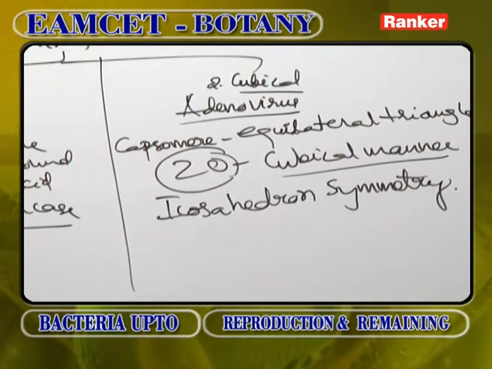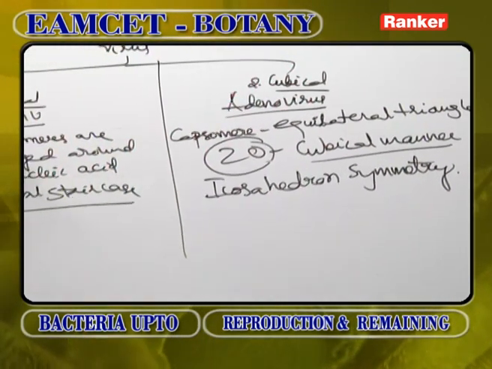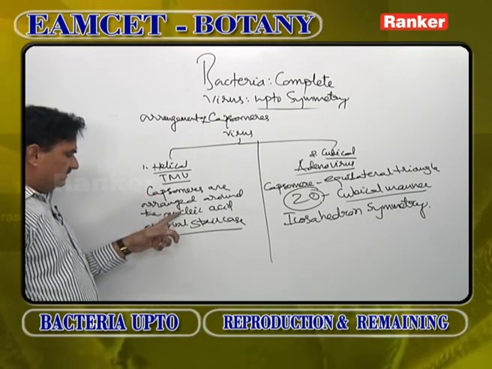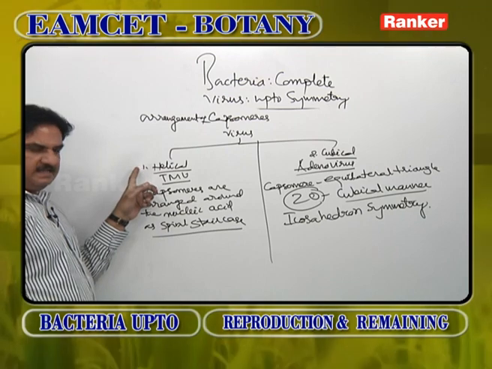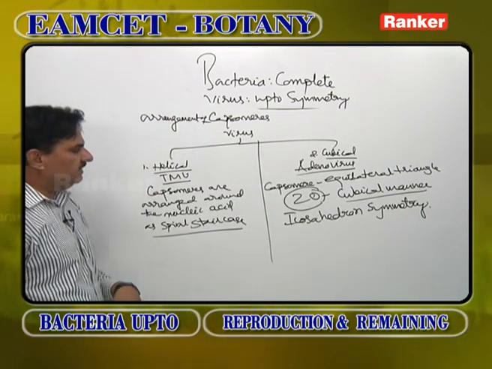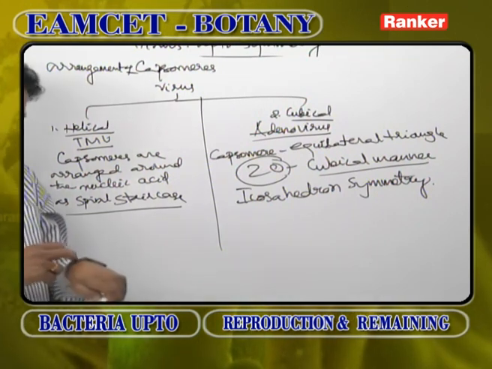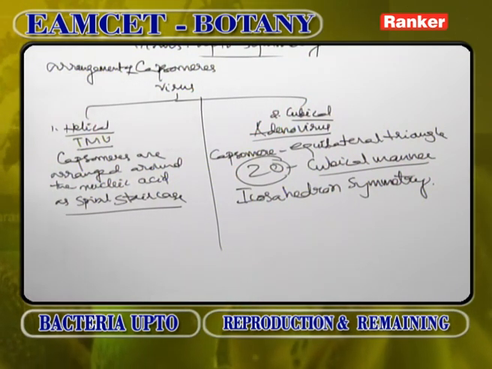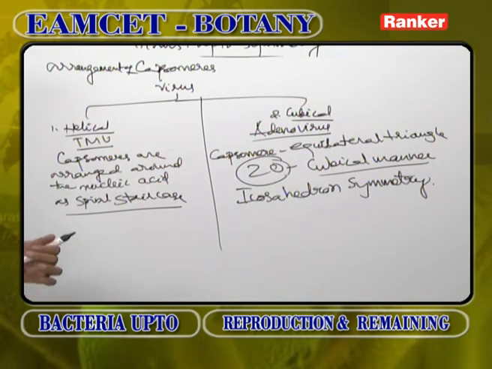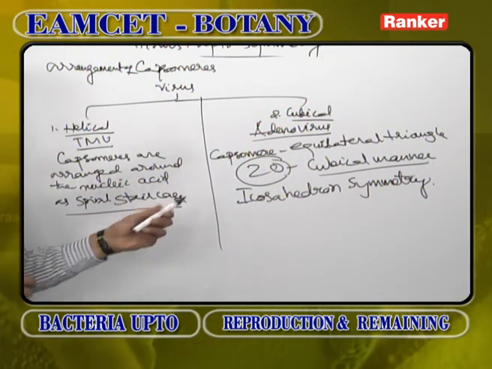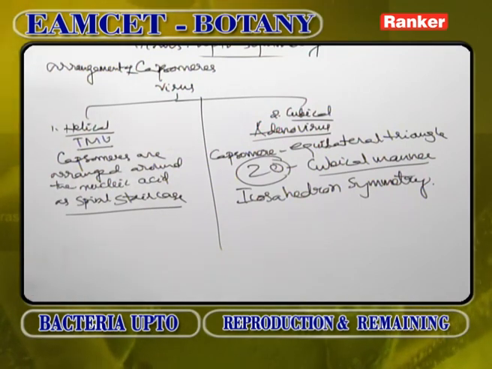So, helical symmetry is shown by tobacco mosaic virus, where RNA is surrounded by capsomeres arranged like a spiral staircase. Cubical symmetry is found in adenovirus, where each capsomere is an equilateral triangle, and 20 such triangular faces are arranged in a cubical manner, called icosahedron symmetry.